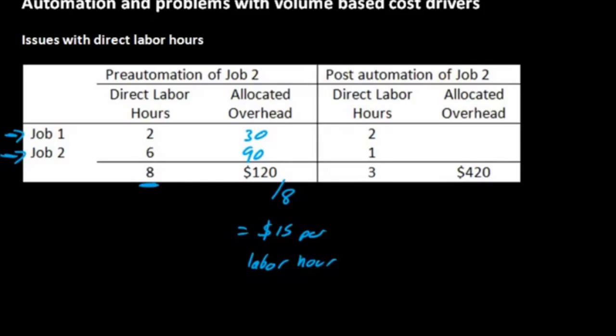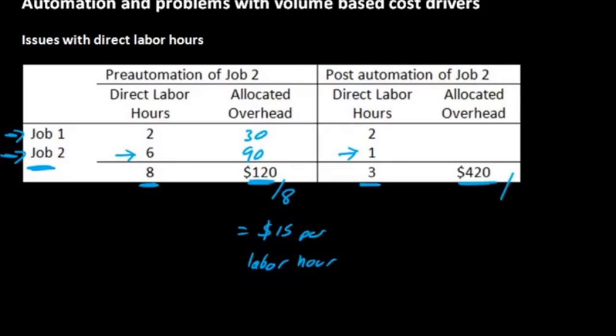But look what happens if we decide to automate job 2. We decide to automate job 2 and we end up replacing some of the workers with machines. So we go from 6 workers down to 1 worker, and our overhead also increases significantly. We go from 120 in overhead to 420 in overhead. So by automating job 2, we have decreased the amount of labor that we use, but we've increased the amount of overhead because now machines are producing the product instead of people.